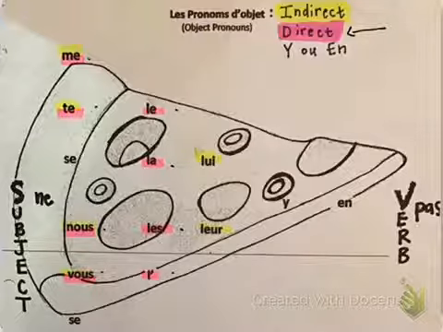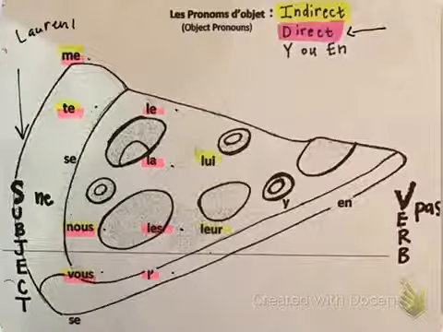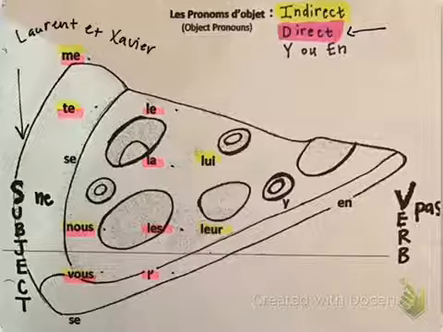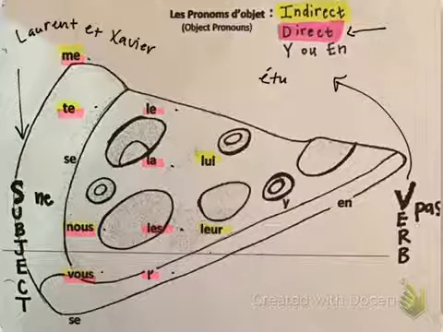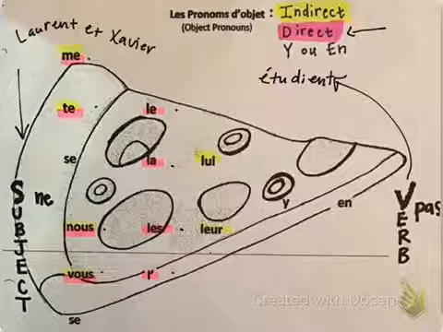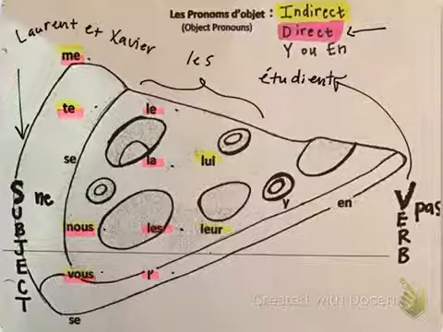So I would do our subject, which would be Laurent et Xavier. And then I want to say study, the verb. And then between that is going to be all my pizza toppings. Laurent et Xavier study them. Them is les for our direct objects. Okay? So hopefully that visual helps you guys.